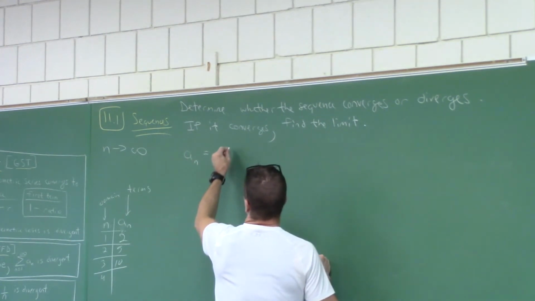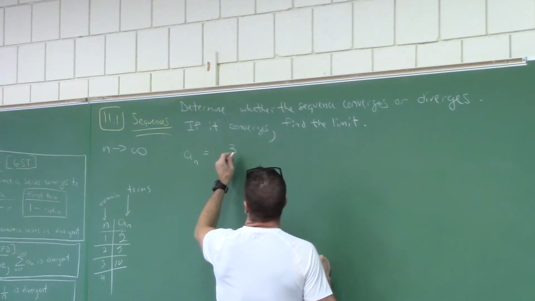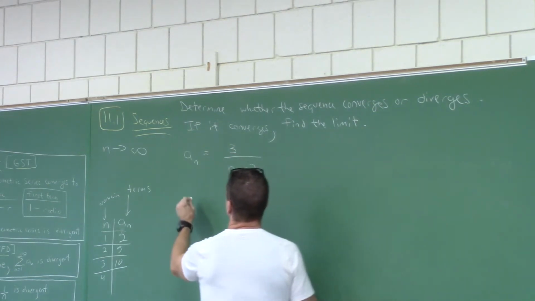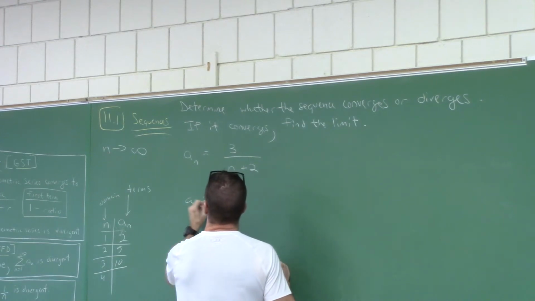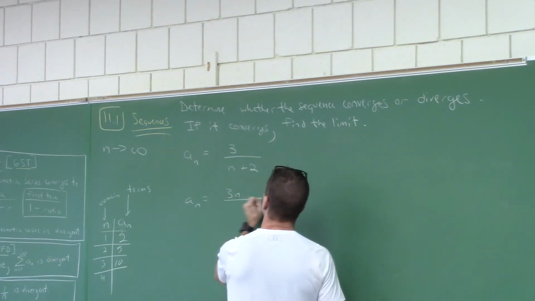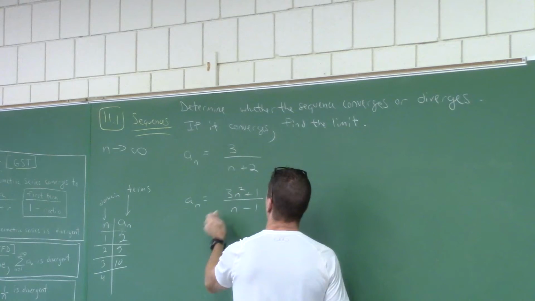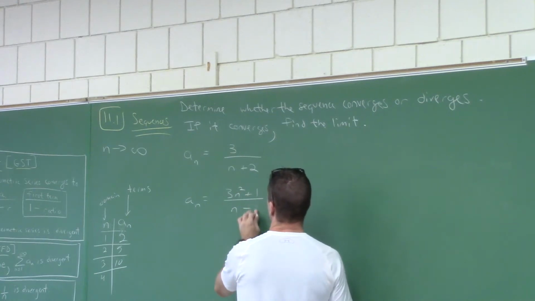So here's my first example. How about 3 over n plus 2? How about 3n squared plus 1 over n plus 2? Actually, you know what I'll do?